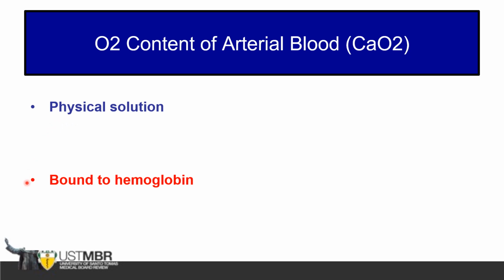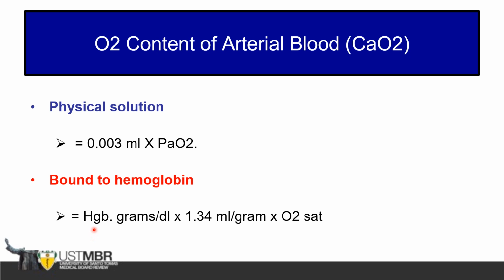To compute for the amount in physical solution, we multiply 0.003 times the arterial O2 tension. And when we want to compute for the amount of oxygen bound to hemoglobin, we use this formula: hemoglobin in grams per deciliter times 1.34 times O2 saturation.